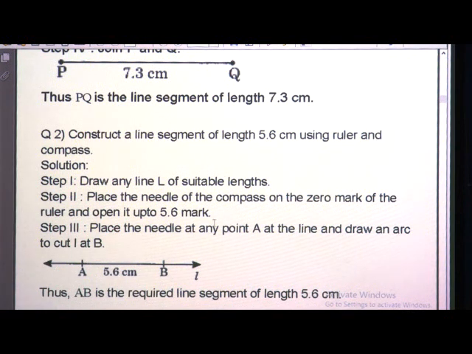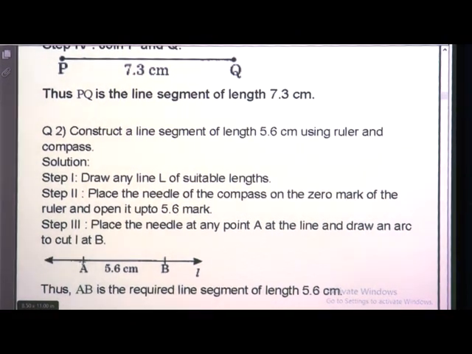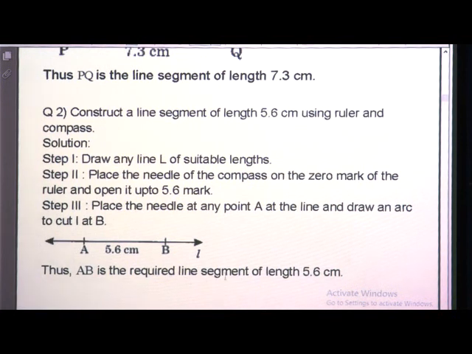Then place the needle at point A on the line and draw an arc to cut L at B. So, we have placed the pointer of the compass on point A, and then cut the line L at point B. Thus, we got AB equal to 5.6 centimeters. Thus, AB is the required line segment of length 5.6 centimeters.